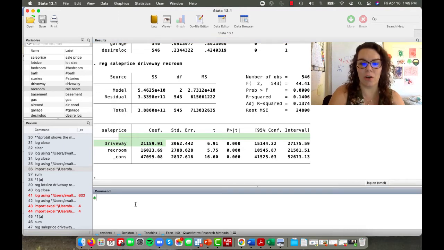So let's interpret our R squared, which tells us that our model explains about 14% of the variation in house sale price.